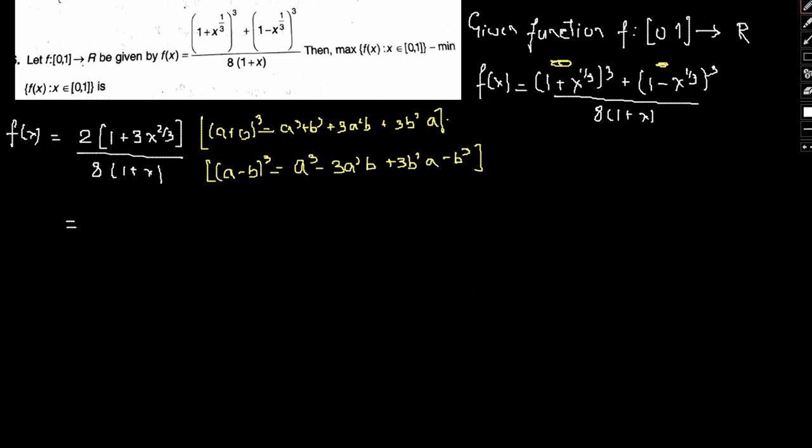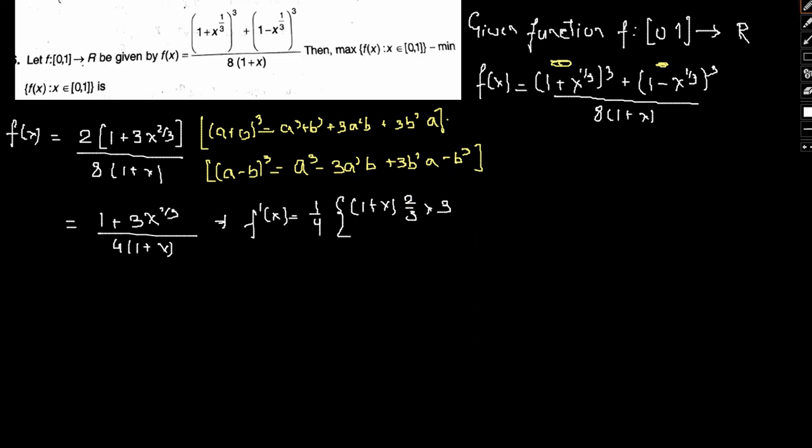This would be equal to (1 + 3x^(2/3))/4 + x. Okay, now f'(x) would be given by differentiating the same: 1/4 plus x^(2/3), 3 into 3x^(−1/3) minus 1 plus 3x^(2/3), entire divided by (1+x)².